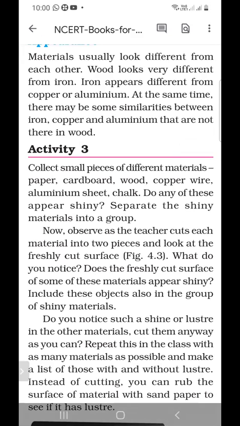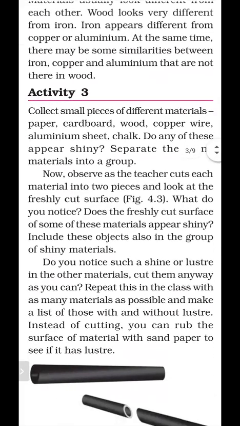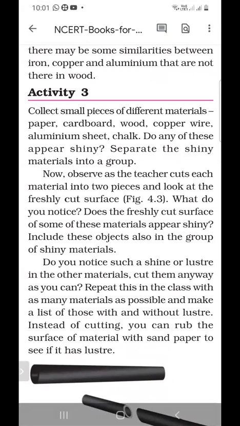And how can we check whether a material is shining or not? There are two methods to check whether it has luster or not. First method is cutting the material in half, and if the cut material has a shining surface, then it is lustrous, and if the cut material does not shine, then it is called non-lustrous.